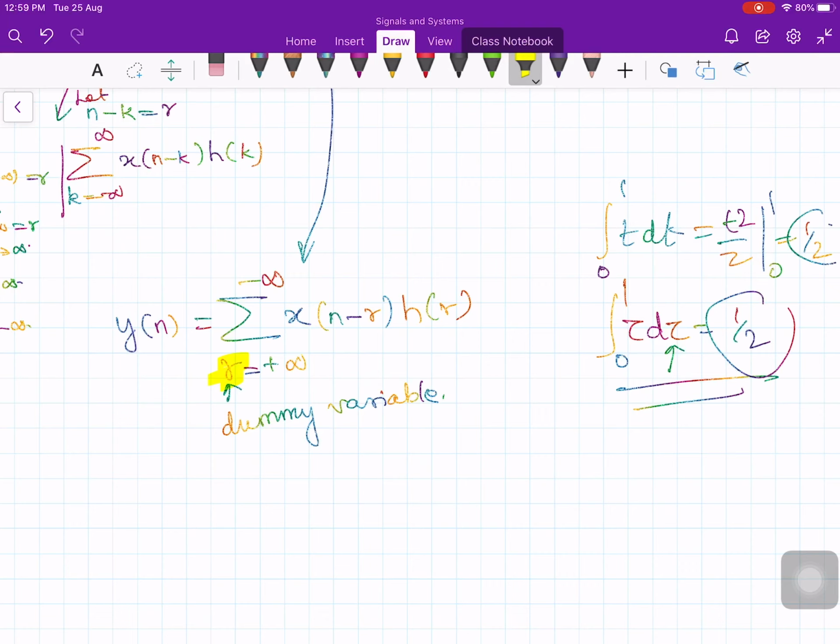Therefore, instead of r, I can bring back my old friend k. k from plus infinity to minus infinity, x of n minus k and h of k, right.